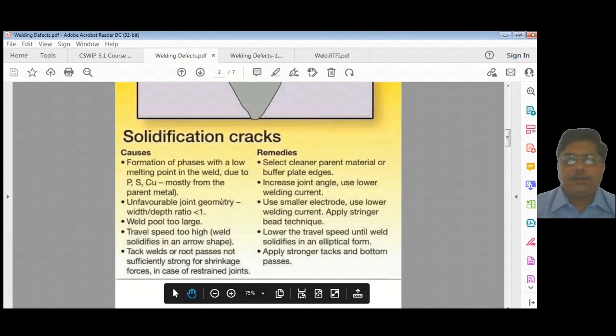Currently I could not find any photograph. I will try to put some photographs to show you large weld sizes.